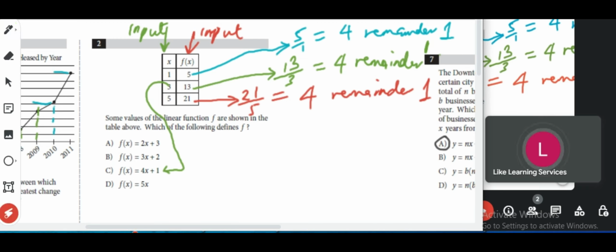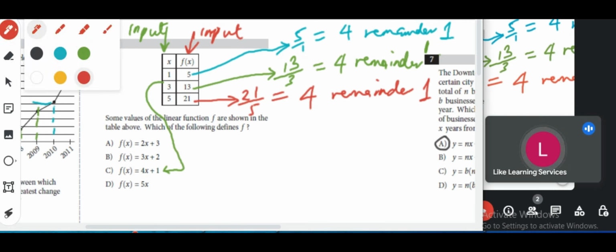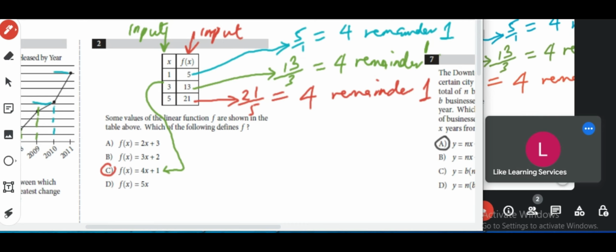And what's 4 times 3? 4 times 3 is 12. And then 12 plus 1? 13. It will give you 13. Just to test it. So the correct option is C. Is that understood?